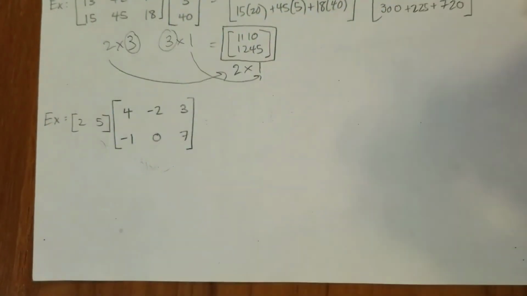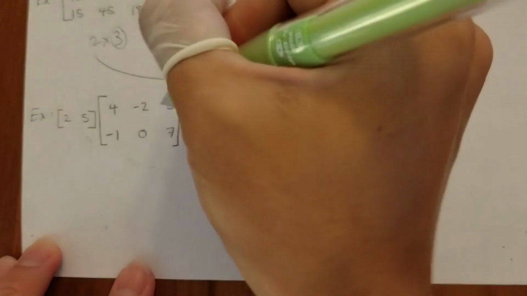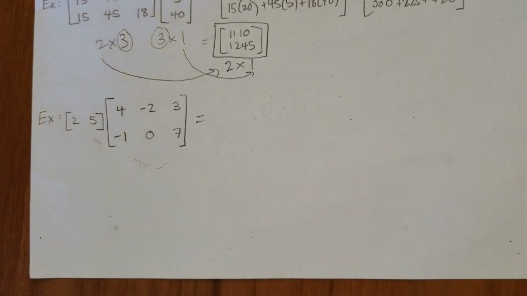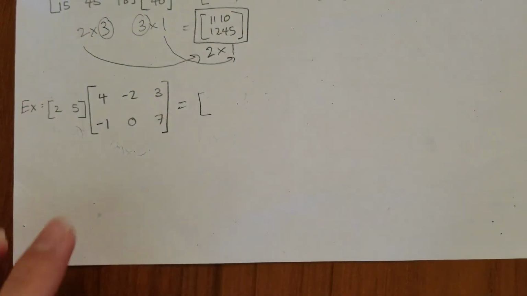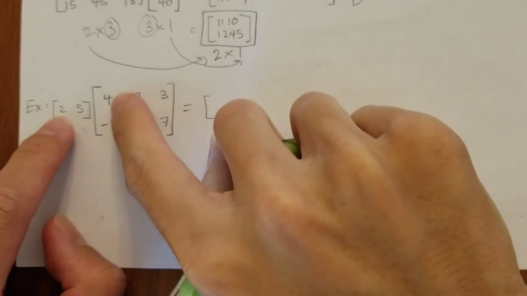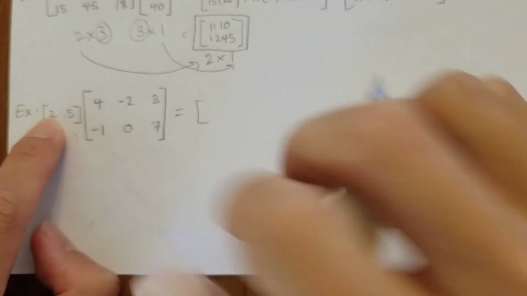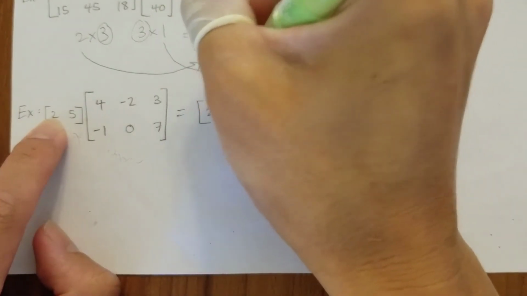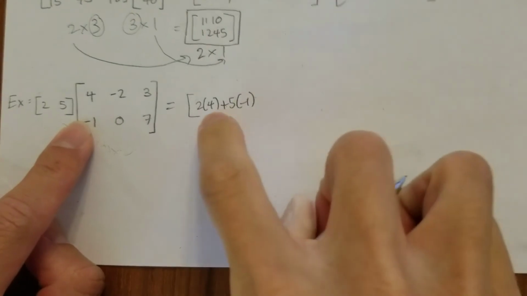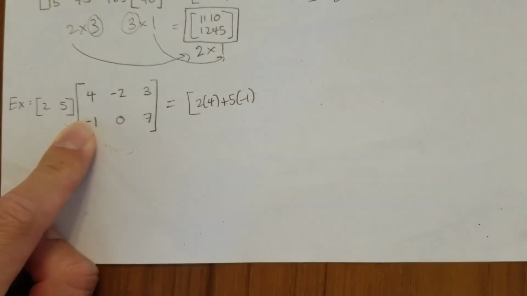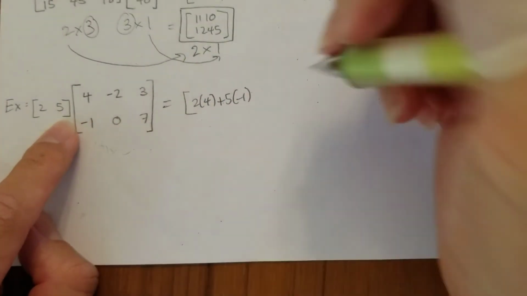Okay, so now what we need to do is we need to go ahead and simplify this. So what I see here is 2 times 4. This is what goes here. 2 times 4 plus 5 times 1. That's what goes in that first element. Okay.